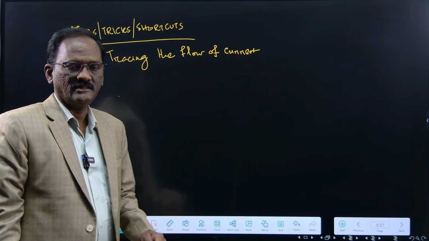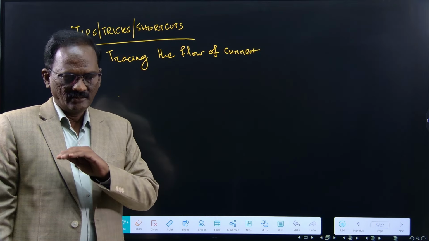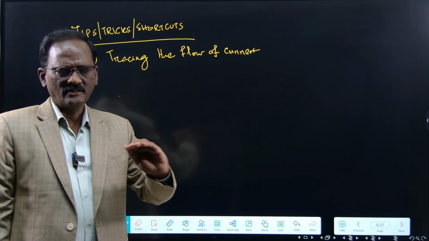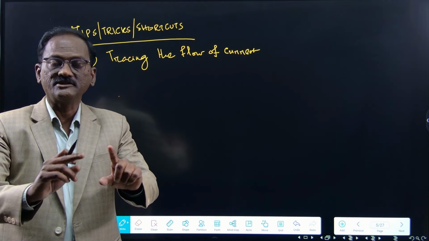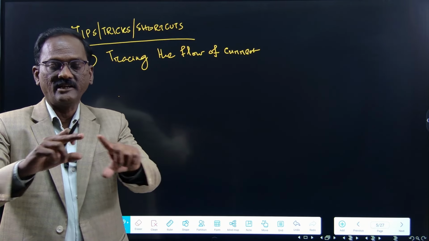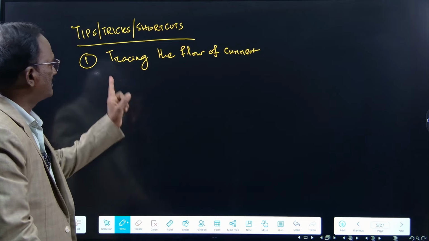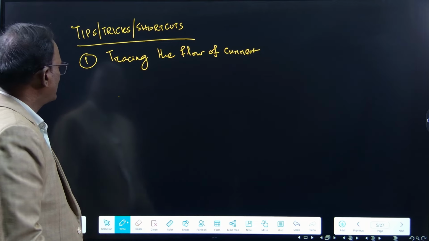As I said earlier, you trace the flow of current. If the same current flows through some resistances, then they are in series. If the current is divided and joined, then it is a parallel circuit. So trace the flow of current, right?